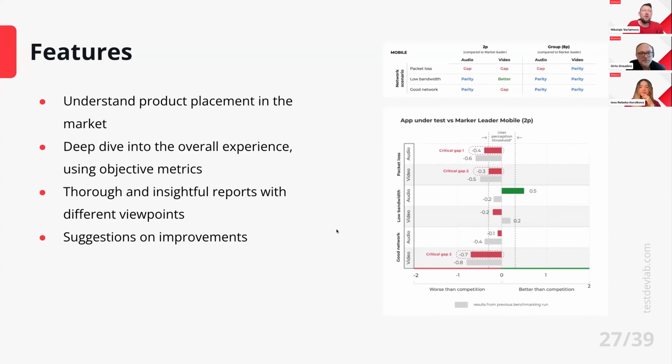Okay, thank you. Before I move to the next slide, where Eva would go a bit deeper, I just wanted to highlight here that, as mentioned earlier, different levels of analysis are made, and this is very straightforward, and also serves a wider audience, such as management, for example, where you can clearly compare your application to the market leader in a manner where you can see in which scenarios you have a gap and in which scenarios you are better, like a top table, and the bottom table could also have some data on a previous iteration, like in a gray line, and really pinpoints where you still have a critical gap and where the gap is maybe not so big.